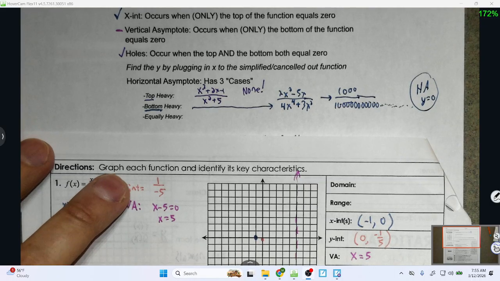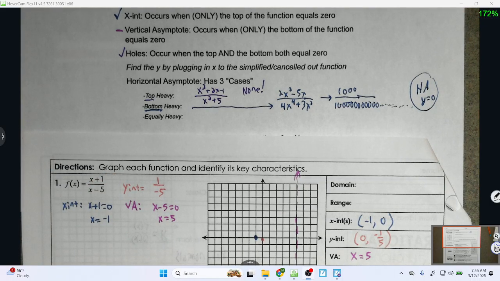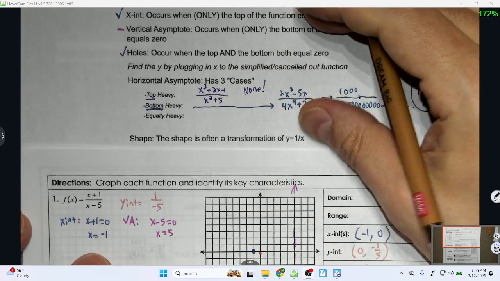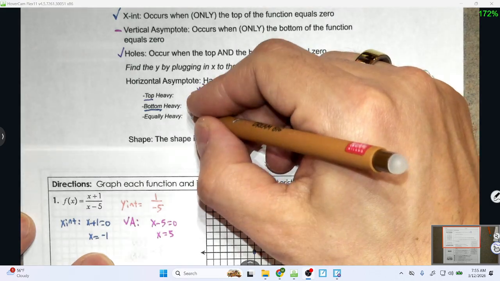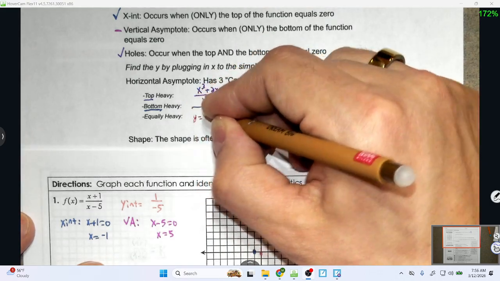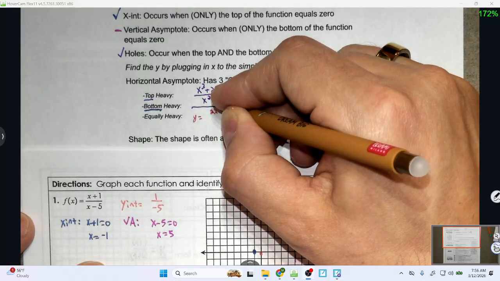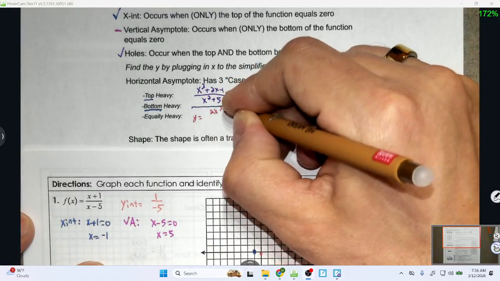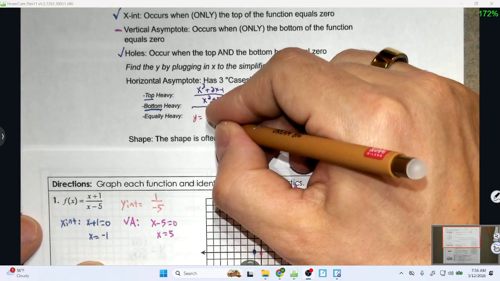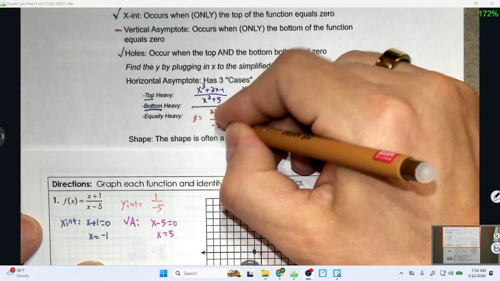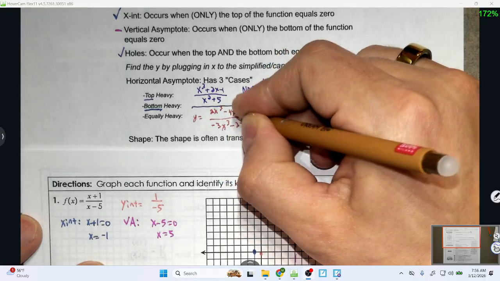And if they're equally heavy, you actually just take the ratio of the two coefficients. So let me show you one more. Let's try y equals 2x to the third minus 4x squared over negative 3x to the third minus 2x.